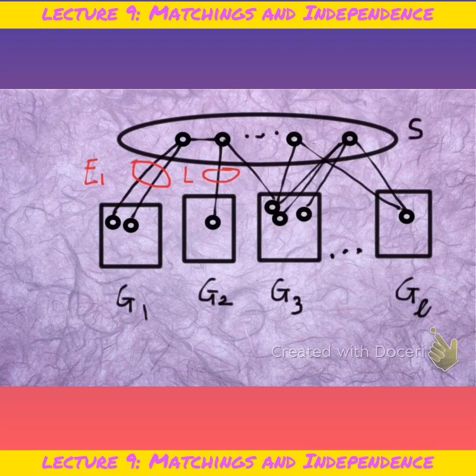That's going to be the set of edges between S and G2. That's going to be the set of edges between S and G3. And that is going to be the set of edges between S and GL. Right, now my aim is I want to show that this is true: the cardinality of each one of these E sets is at least 3.